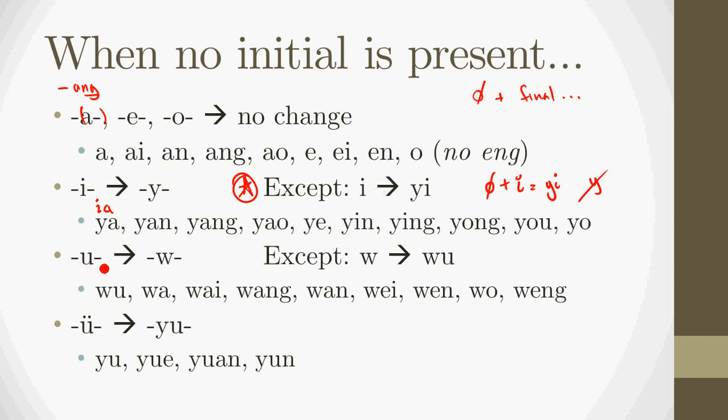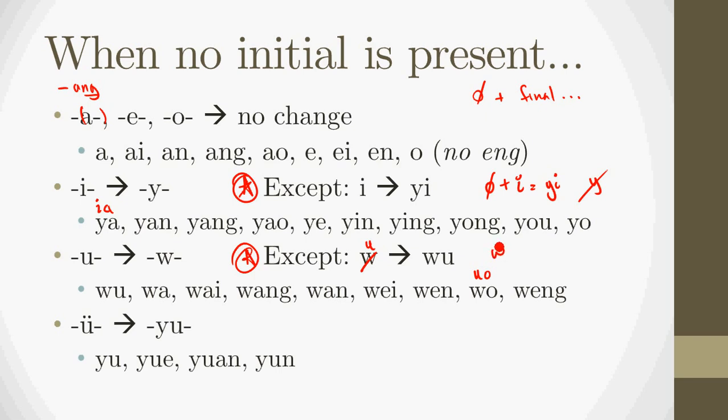Next is U goes to W, and we get wu, wa, wai, wang, wan, wei, wen, wo, weng. Okay, and so for instance here we have UO, and it becomes wo by changing the U to a W. And the exception here is pretty similar in that we're just taking, sorry, this should be U. U turns into WU, okay, but it's still pronounced wu, okay, just the U sound.